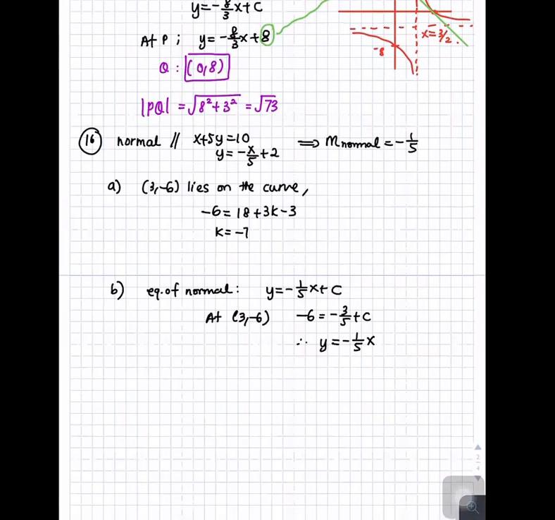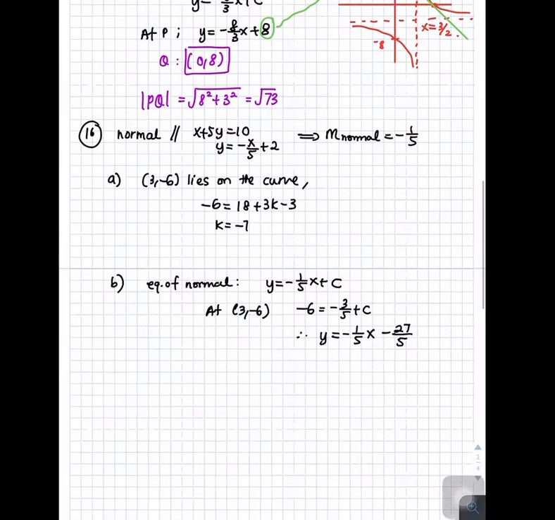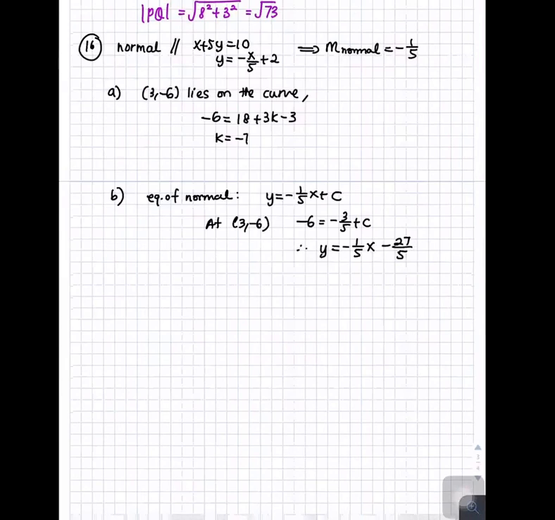Negative 27 over 5, correct? So now take the normal and equate it to the curve. Then you solve simultaneously, you should be able to get the other coordinate. So take the curve and equate to the normal. Finish.